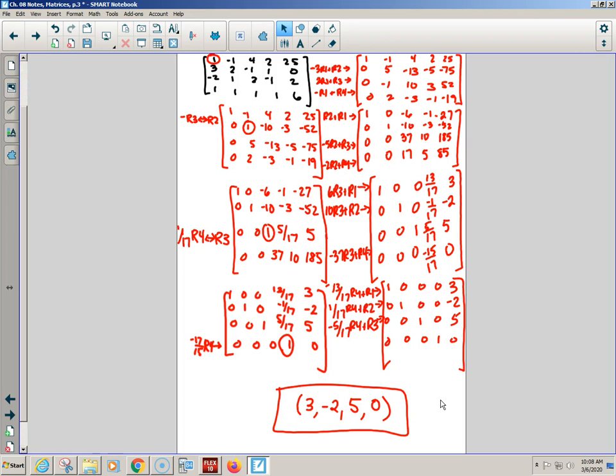To get zeros, just multiply by the opposite of what's there to whatever row has the 1, and then add, and you'll always get zeros. Then you just keep on: next column, get the 1, get the zeros, next column, get the 1, get the zeros, and then you're always going to be done, if it's possible.